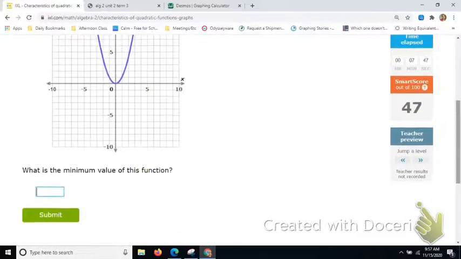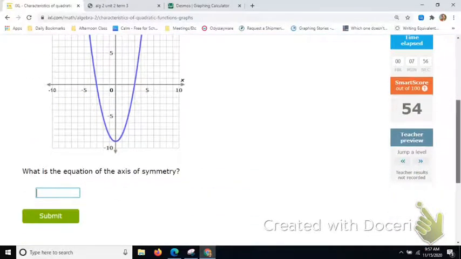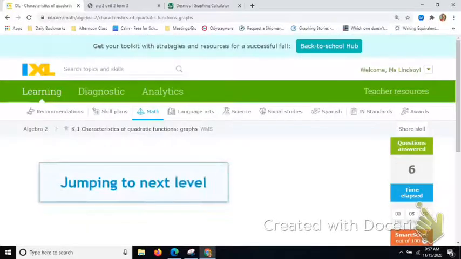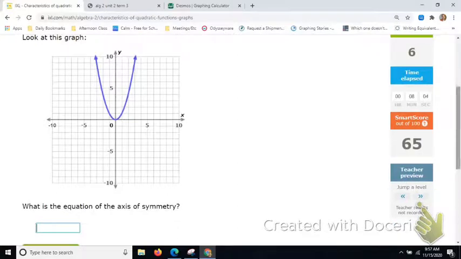What is the minimum value? So what's the lowest this goes? 0. We're just taking all these things from the graph, just getting information from the graph. X equals 0 again.